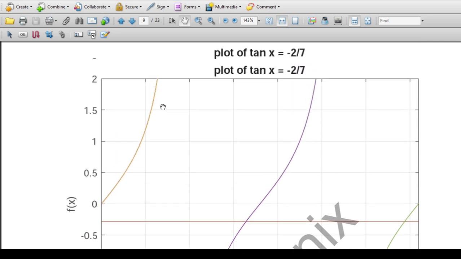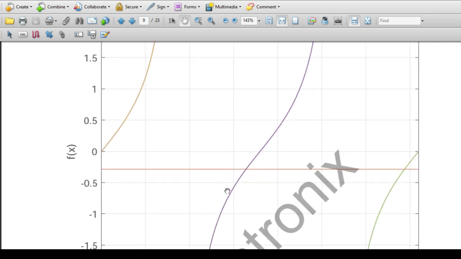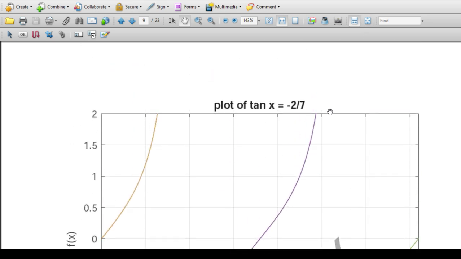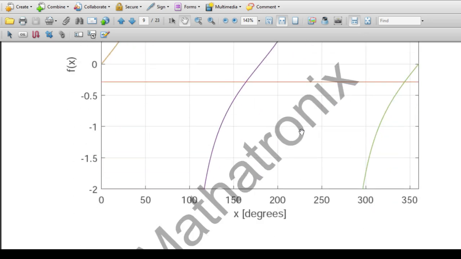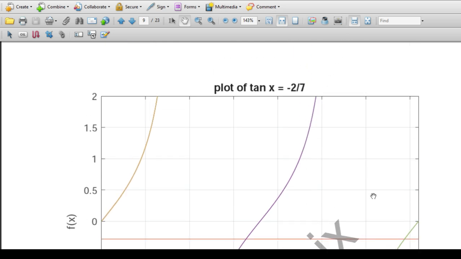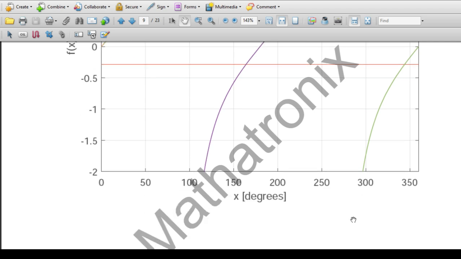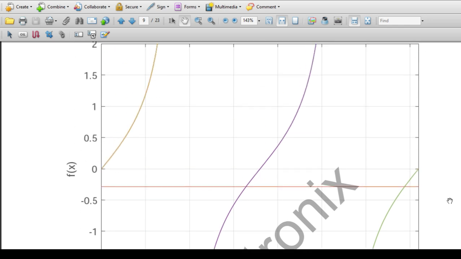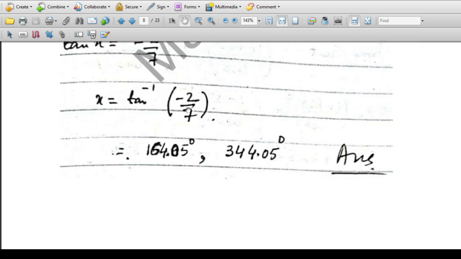From 0 to 90 degrees it will increase, and after 90 degrees it will rise again, and at 270 degrees it will rise, and after 270 it will again increase to this value 360. So this is the simple tangent graph we have plotted, and there is another value, minus 2 upon 7.